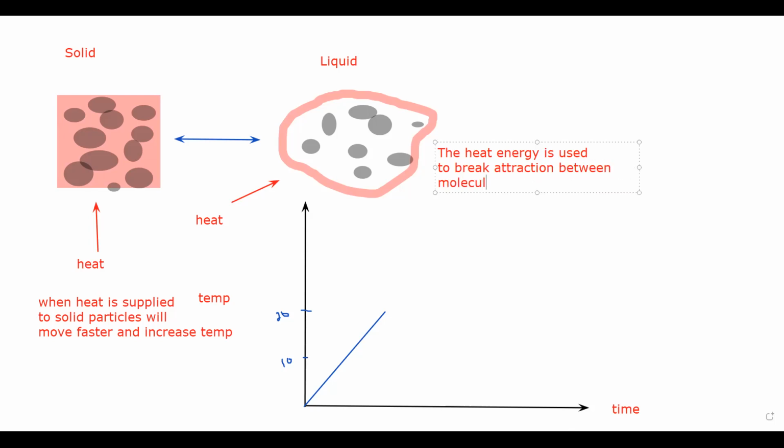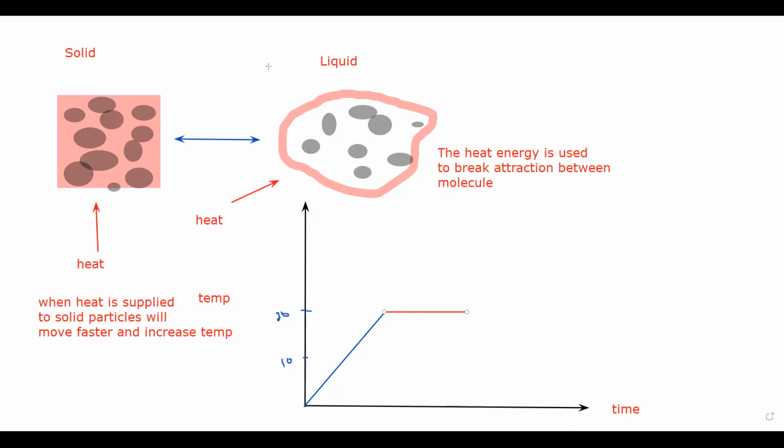When the heat energy is used to break the attraction between the molecules, the speed of the molecules does not change. And when the speed of the molecules is not changing, the temperature will remain the same. So when the temperature remains the same, what does it show? It shows that there is a change in the state.